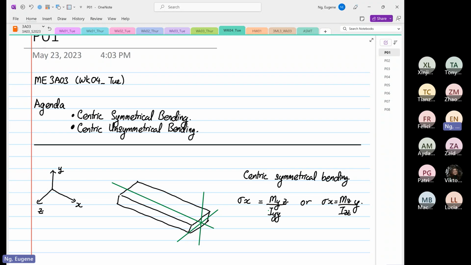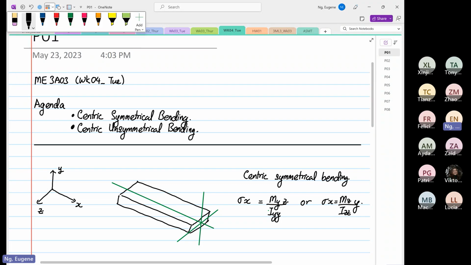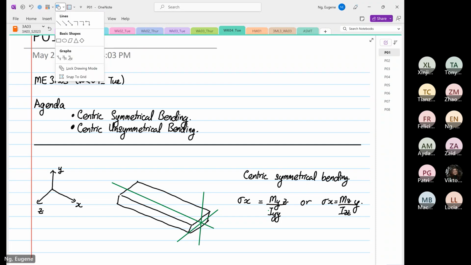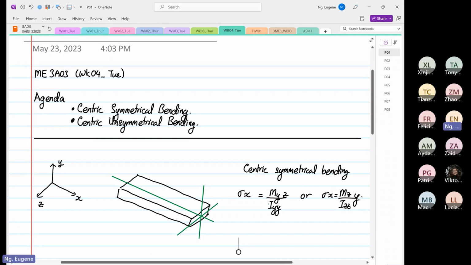So the moment is only applied in one axis. What do I mean by one axis? The moment can be applied either as moment in Z. When you use the right hand rule, this is your moment in Z, this is the arrow.